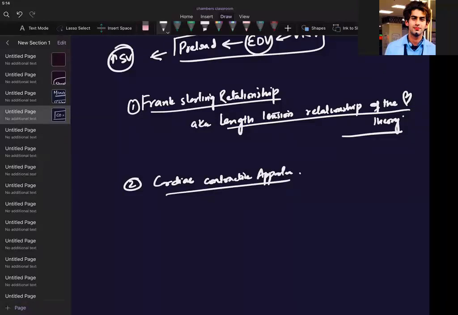I'll make it easy. The Frank-Starling relationship says that if you increase the ventricular wall tension, can you understand the tension? Think of something pushing the walls.